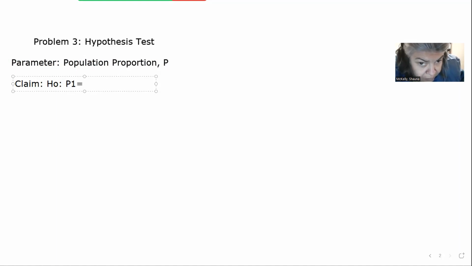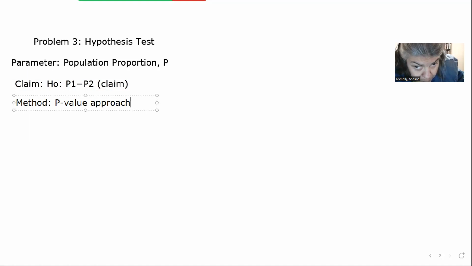Proportion 1 is equal to proportion 2. That's my claim. Now, once I get my claim, then I look at my method, use the p-value approach. And my givens.